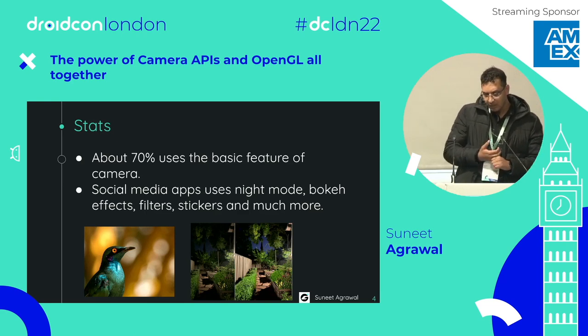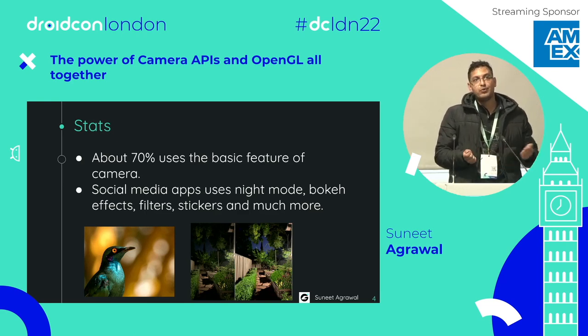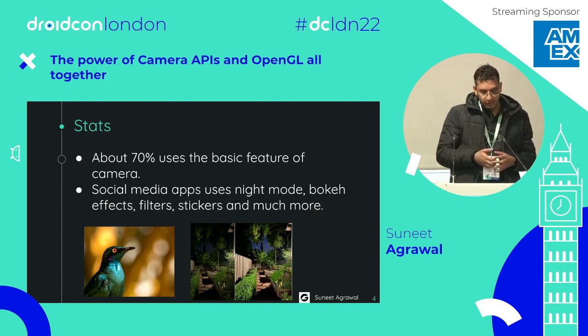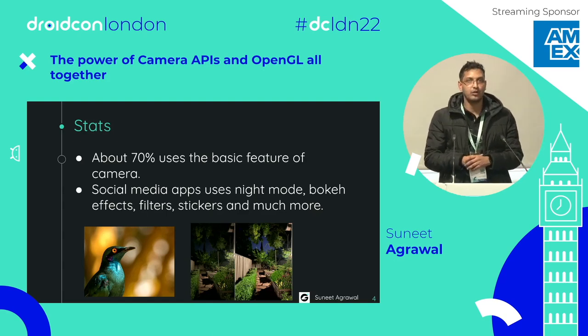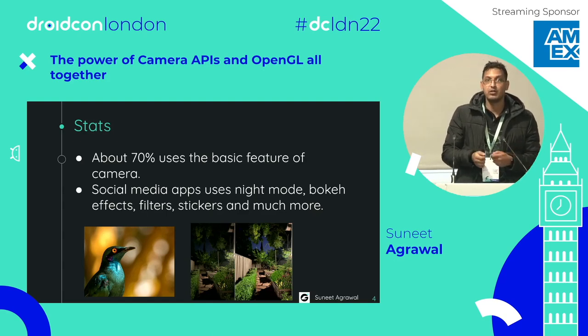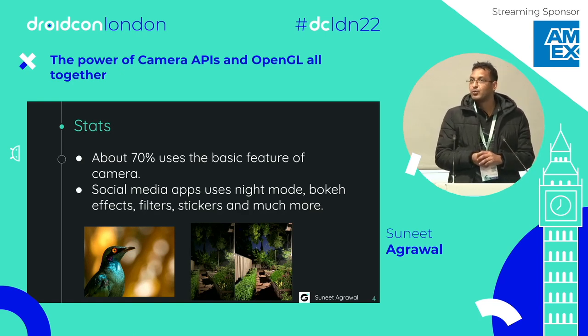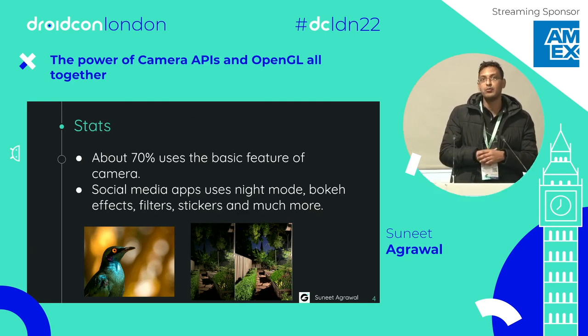On top of that, there are a few features which are already there, like night mode, which can actually brighten your image, the camera preview. There is something called the bokeh effect, which is nothing but when you have two different cameras in a particular device, the one with a different focal length focuses on the background and blurs it.